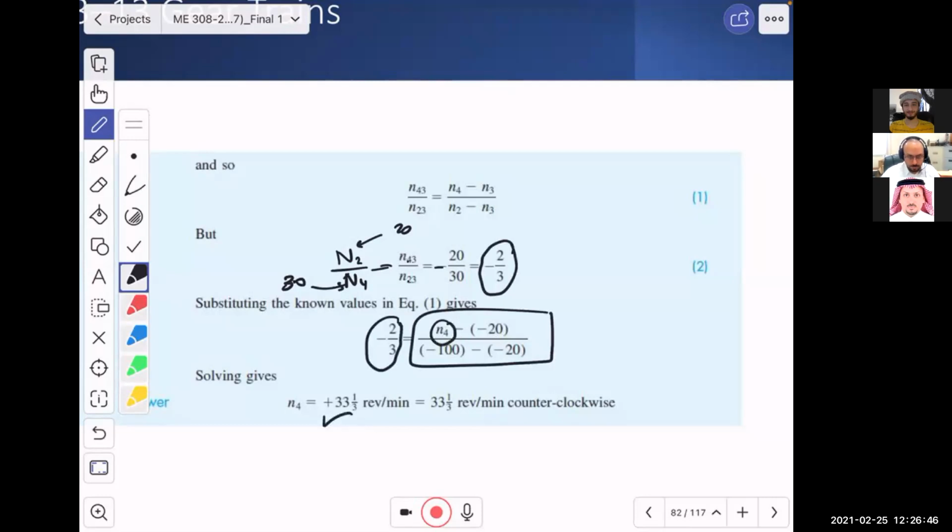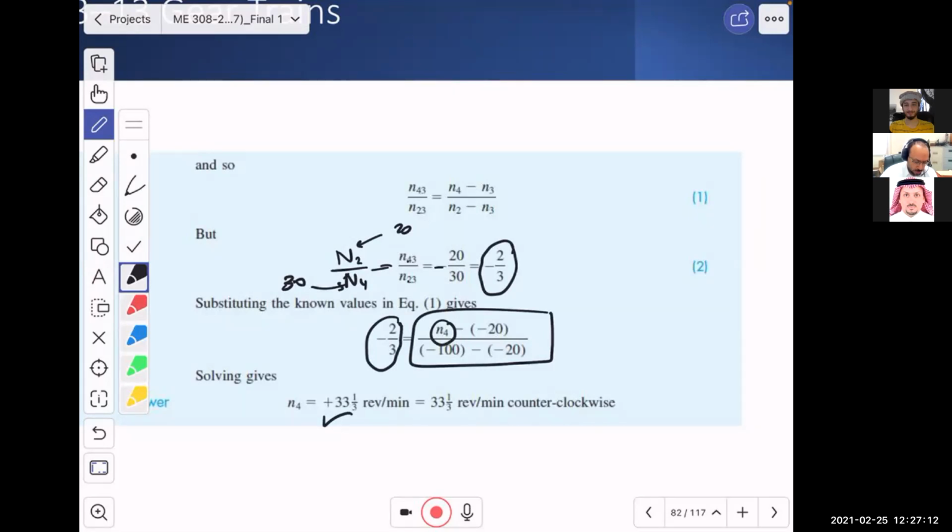Okay. But Doctor, in this equation, they considered N5 as the last instead of N2. Or sorry, instead of N4. In this equation, they chose minus 100, right? Which is the 100. It's 100 revolutions per minute.